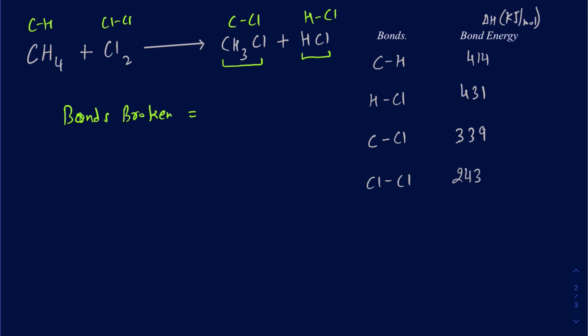So you must be breaking one of the carbon hydrogen bonds. You're not breaking all four of them, and you don't have to worry about the other ones. Just focus on the ones being broken and the ones being made. The three carbon hydrogen bonds that stay the same on both sides, we're not going to worry about. So the bonds broken are carbon hydrogen and chlorine chlorine.